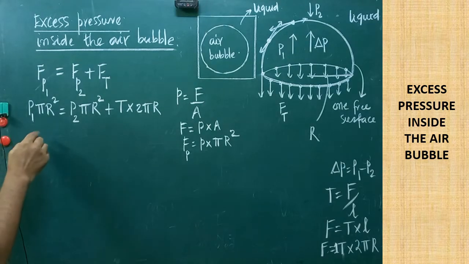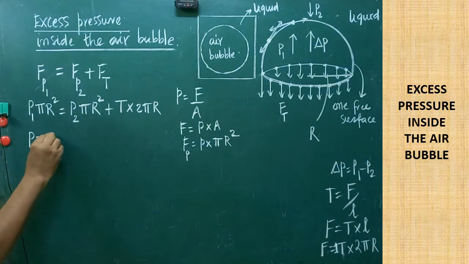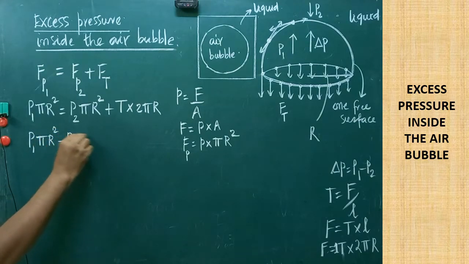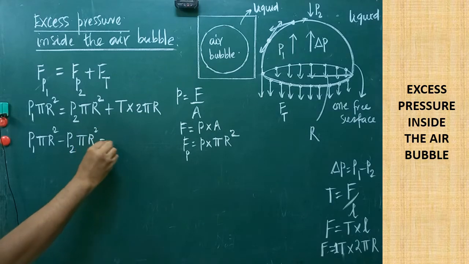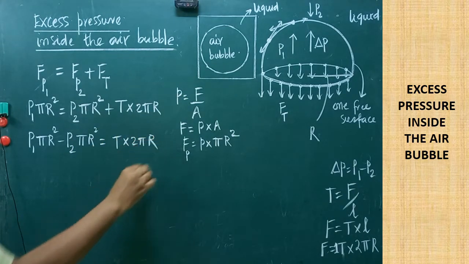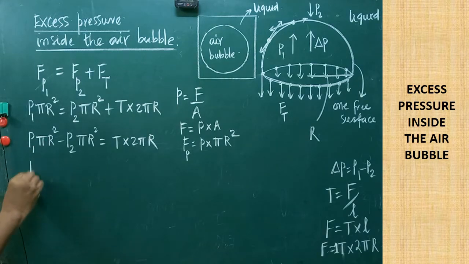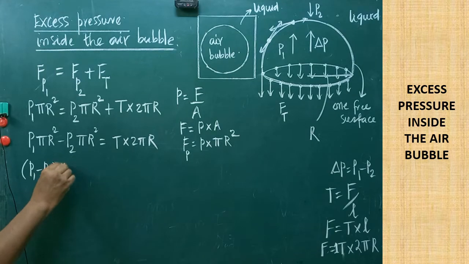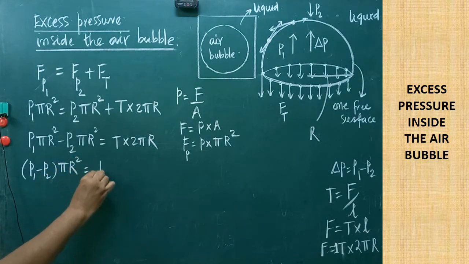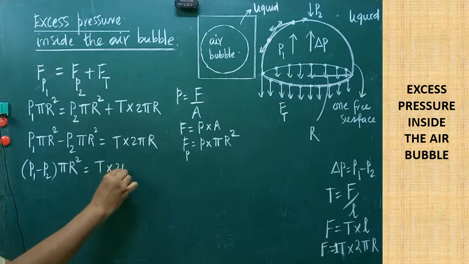Now what we have to do is bring this factor to this side: P1 pi r square minus P2 pi r square is equal to T into 2 pi r. Here P1 minus P2 can be written within the bracket. The common factor is pi r square, which is equal to T into 2 pi r.